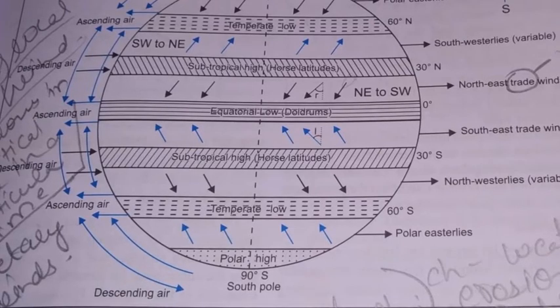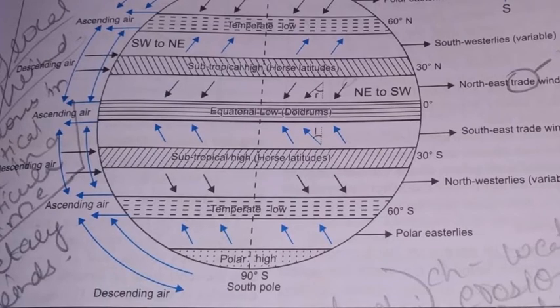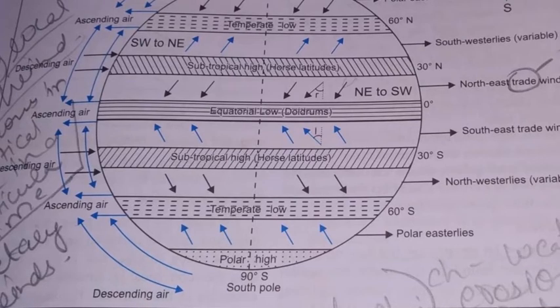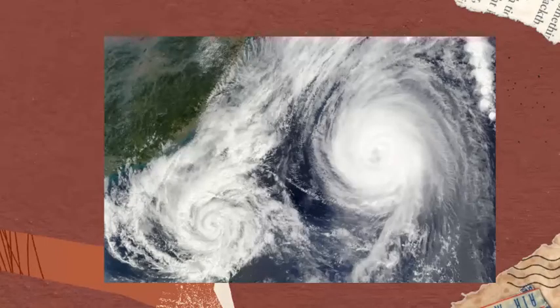Then in both hemispheres, at the extreme end, easterlies flow from the polar high pressure belts into the temperate low pressure belts.